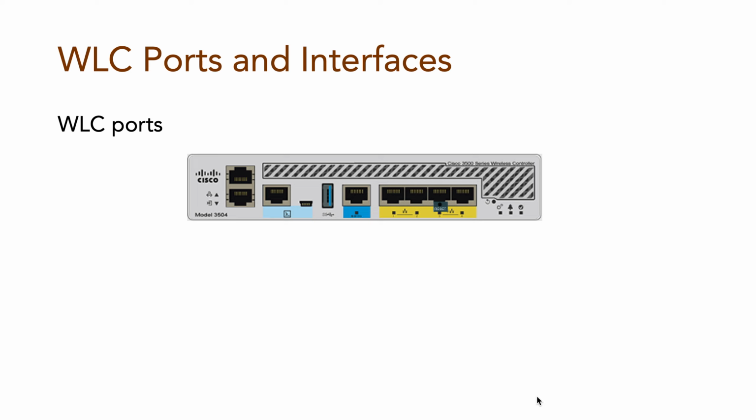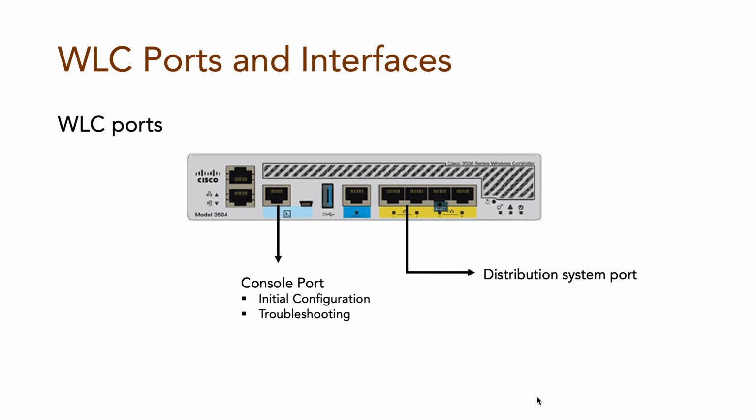On the WLC, you have four types of ports, starting with the console port, which is used for initial configuration and troubleshooting functions. Then we have distribution system ports. They allow you to connect a controller to the neighbor switch and serve as the data path between these two devices.